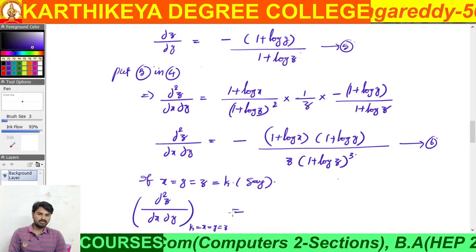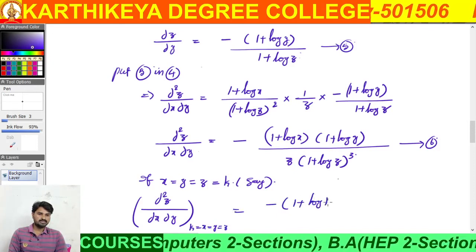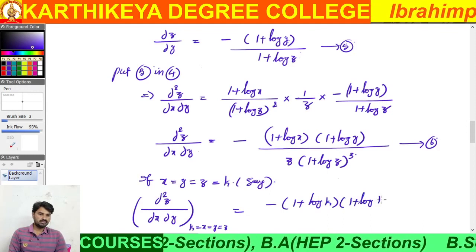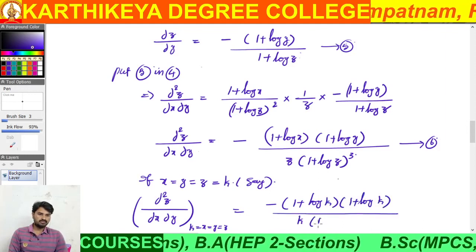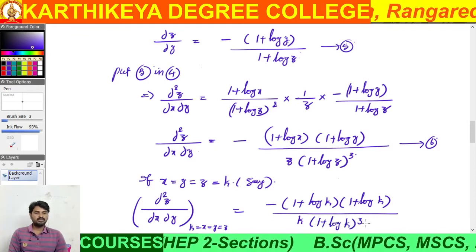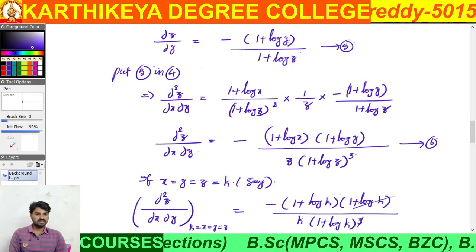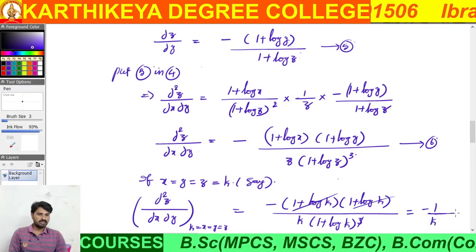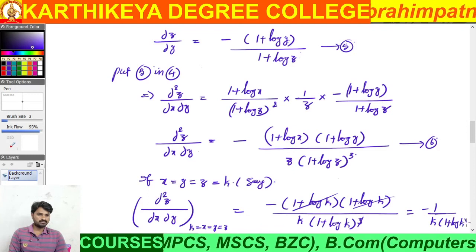Okay, that is minus (1 plus log x), meaning k into (1 plus log k), by k into (1 plus log k) whole cube. In this one you can cancel the cube against these two, and you will get minus 1 by k into (1 plus log k).